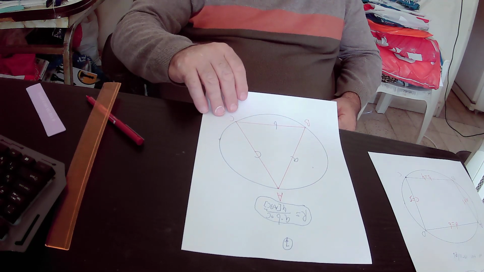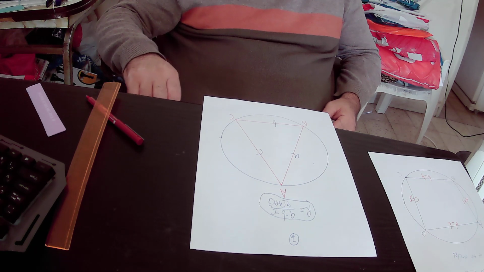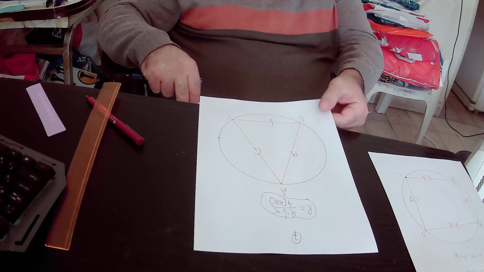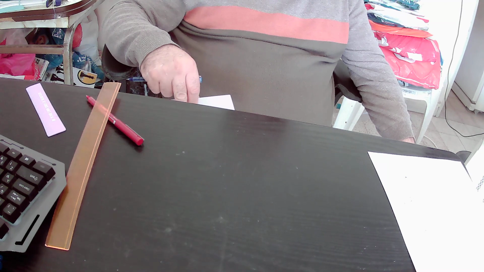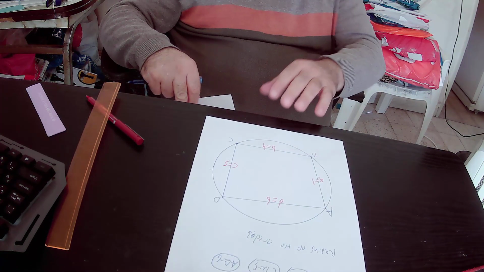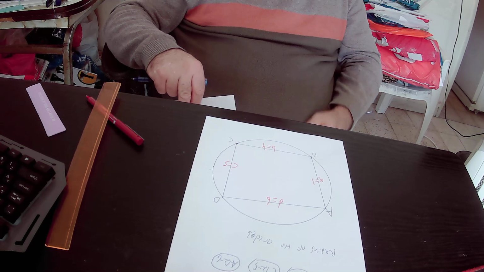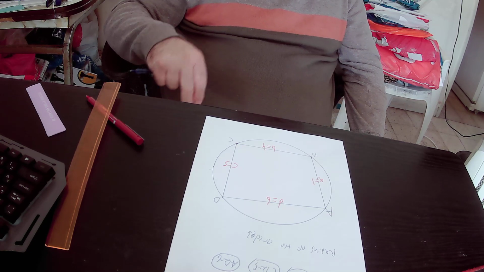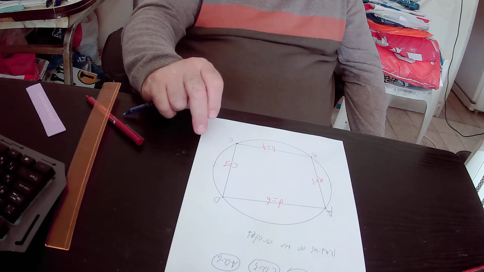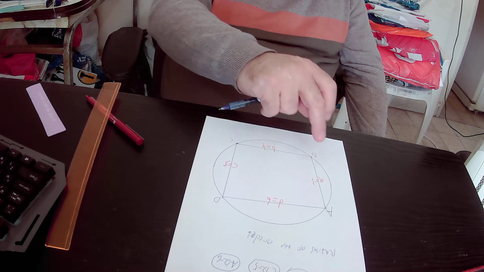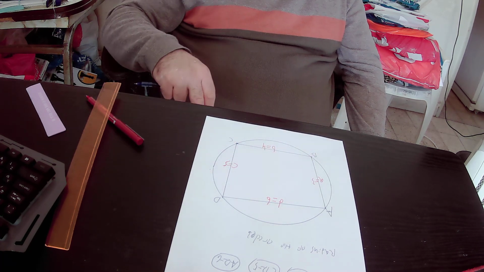and we'll actually implement all 3 rules in our drawing. This is our original drawing. We have quadrilateral ABCD that is inscribed by this circle.